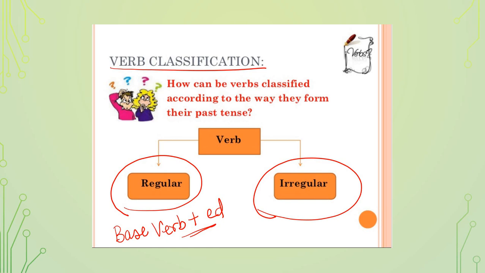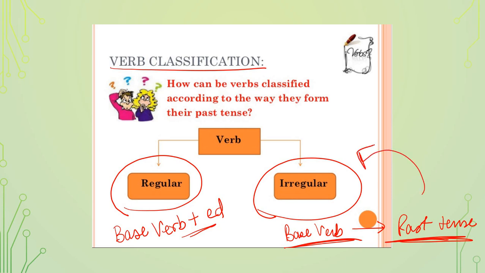But sometimes the base verb is different and the past tense is an entirely different word. So it is called an irregular verb. But regular verbs are simple. We only take the original word and we add ed and it becomes the past tense.